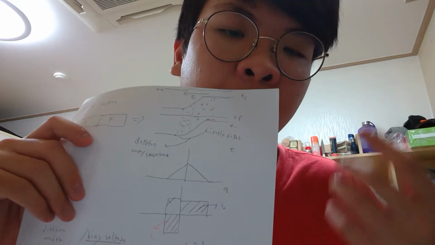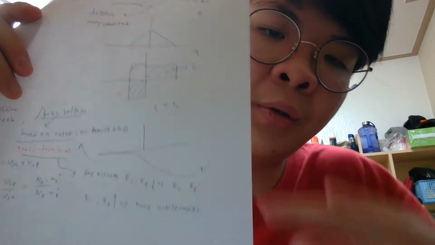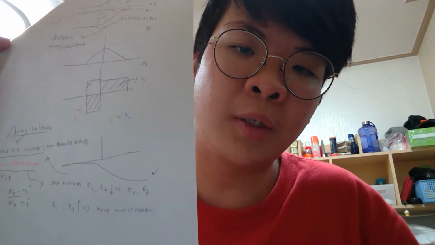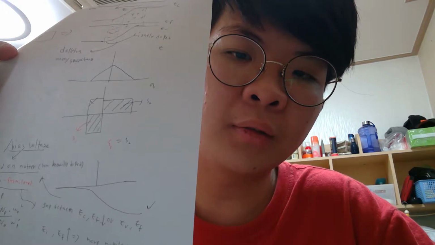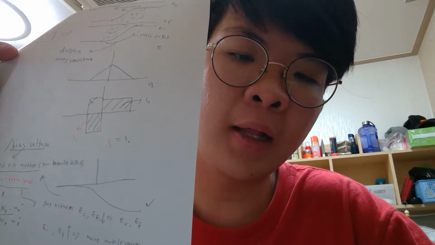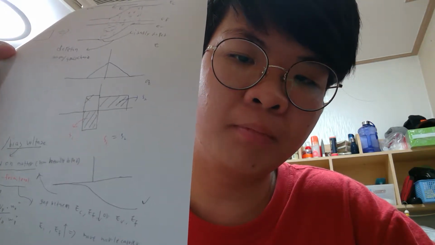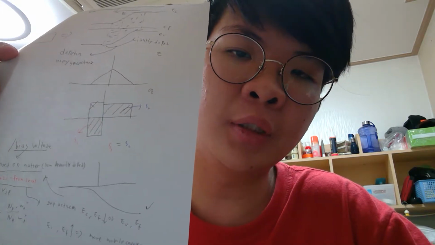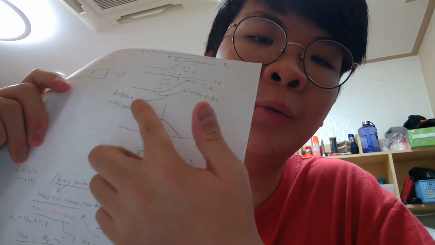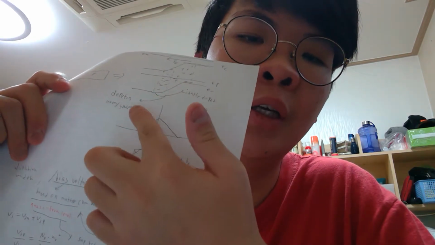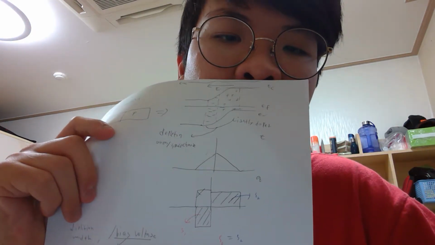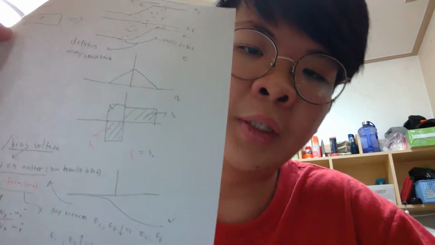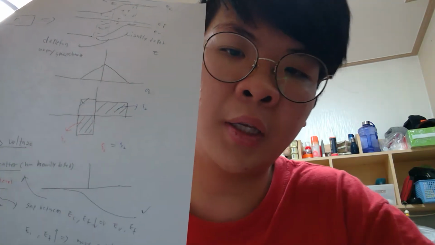So if we draw a graph of the charges between those areas, we call it a depletion area. On the outside of the depletion area, they are electrically neutral, and in the depletion area there are fewer mobile carriers.